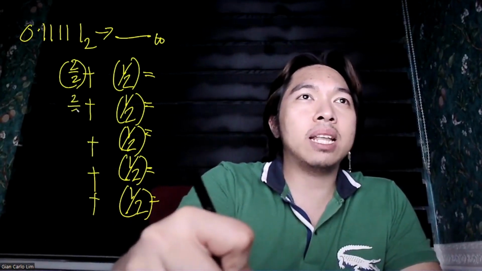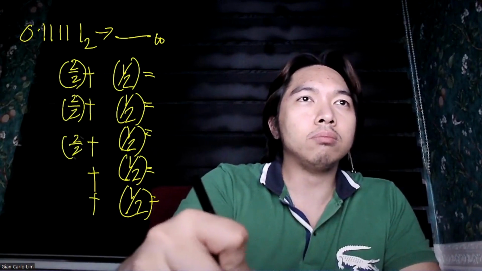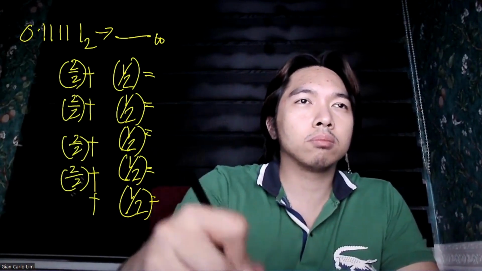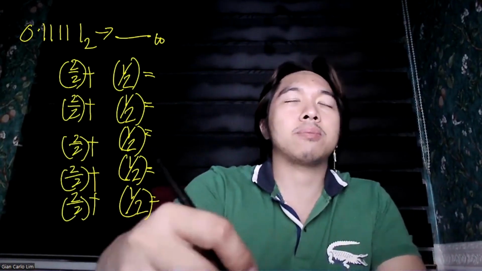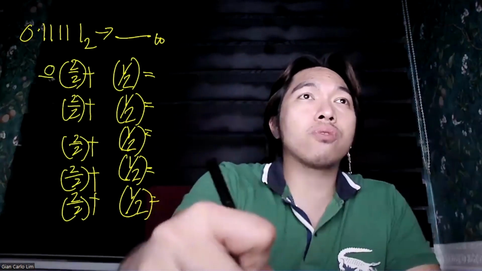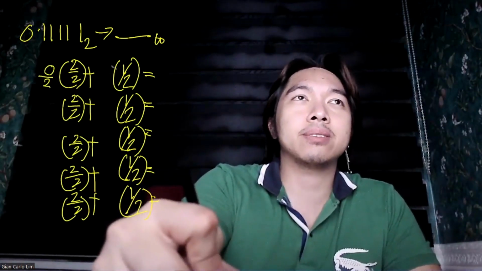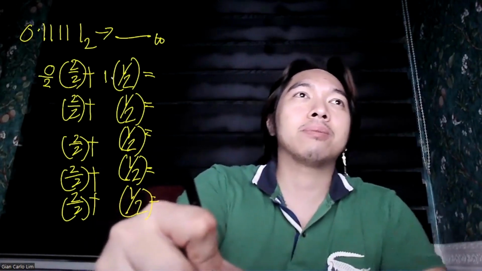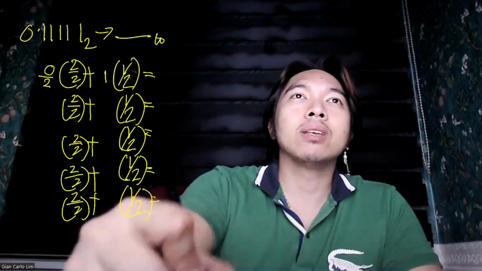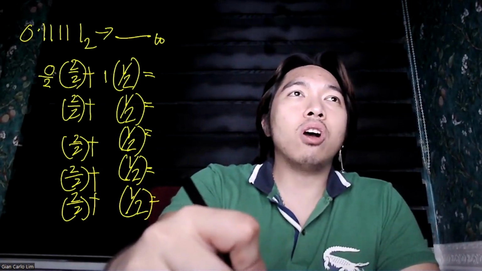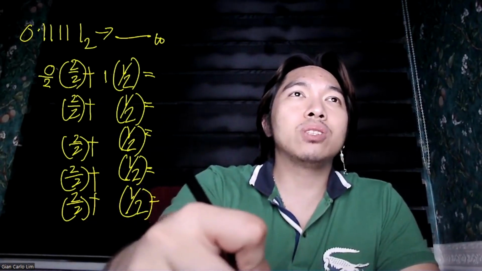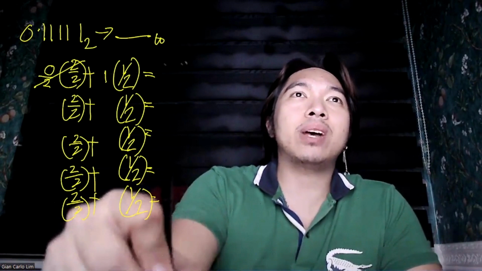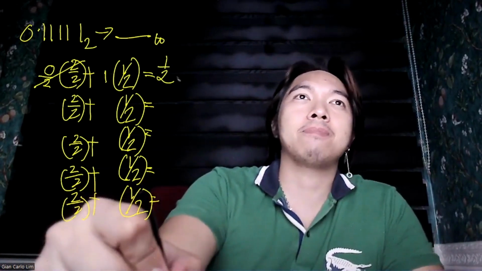So may tag 2 halves lahat yan. So this is 0/2. And this is by default 1. Okay. So 0/2 times 2 halves, so this would be 0. 1 plus 1/2 is 1/2.